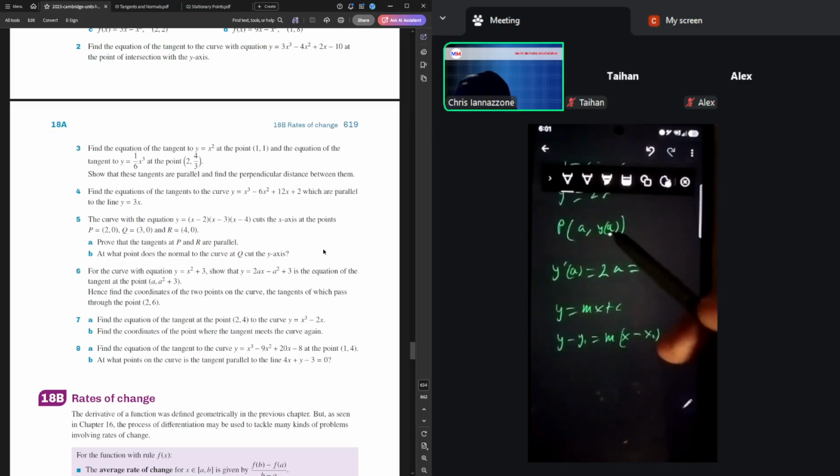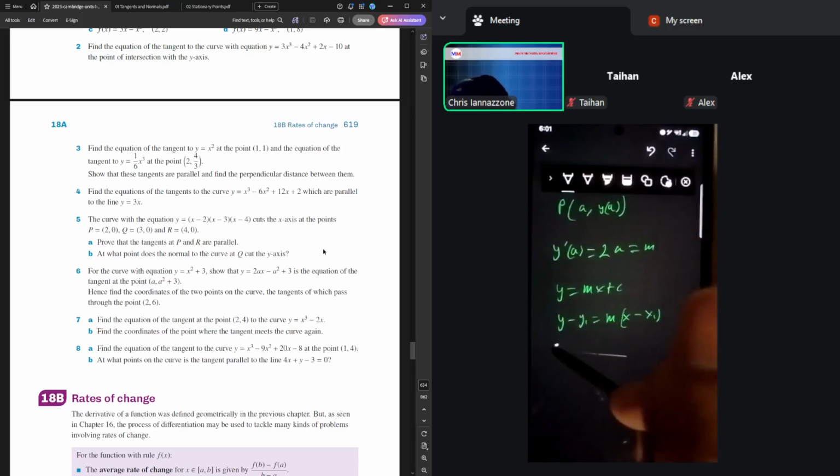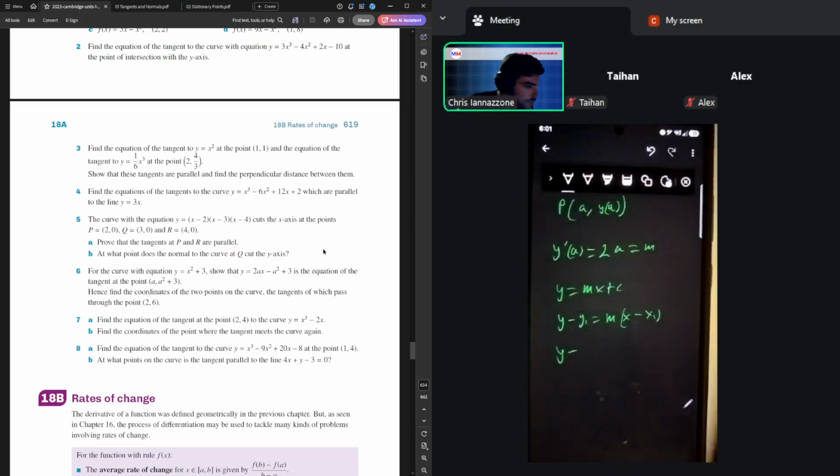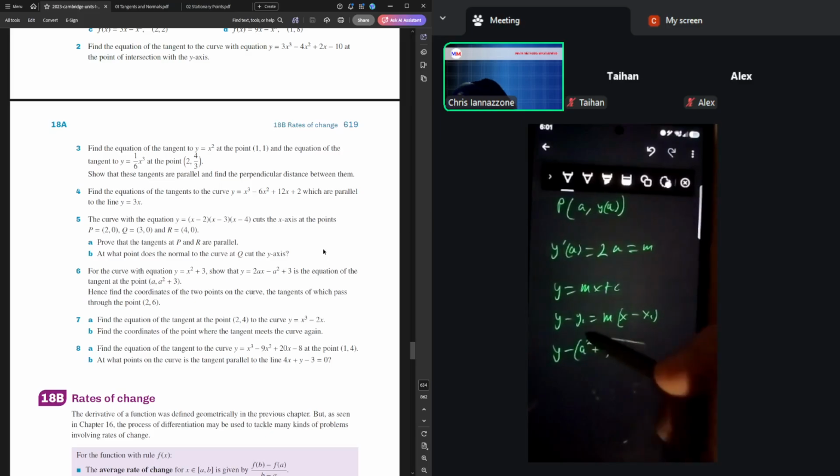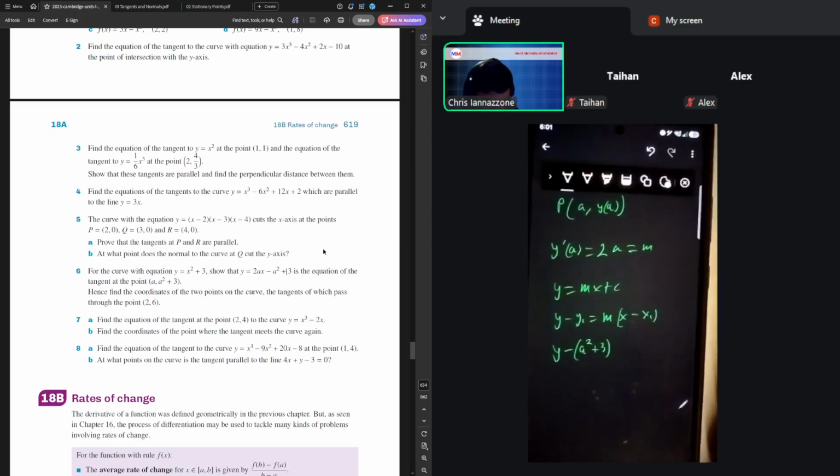Y take y1, so that's going to be our y of a, which if we look at the actual book was just a squared plus 3. Y take a squared plus 3. Remember, it's minus the whole point, right? So this is maybe one disadvantage of the gradient point formula. You have to be very mindful of when you're doing your substitutions.